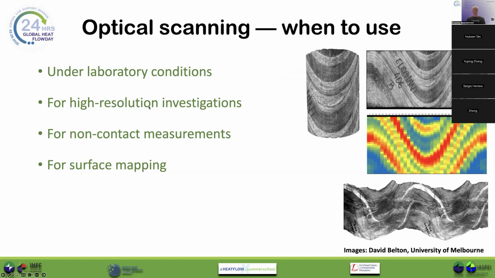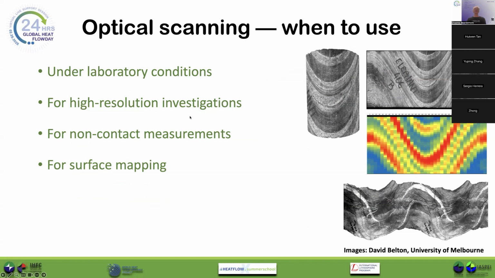So given that it's a very precise point source of heat aimed by a laser, it's very good for high resolution investigations of thermal conductivity. And you can't produce anything like this from a divider bar or a line source. So it's very good at very precise high resolution investigations of thermal conductivity. It's also a non-contact measurement.